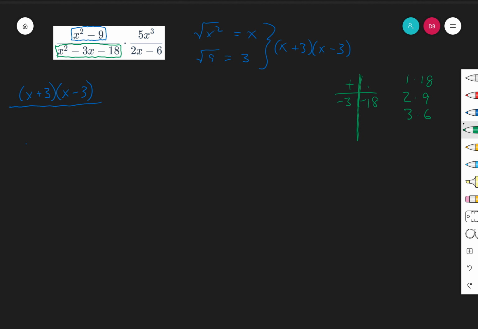So negative 6 plus 3 and negative 6 times 3 give me the numbers I'm looking for. They add together to be negative 3, and they multiply together to be negative 18. So that becomes x minus 6 times x plus 3.